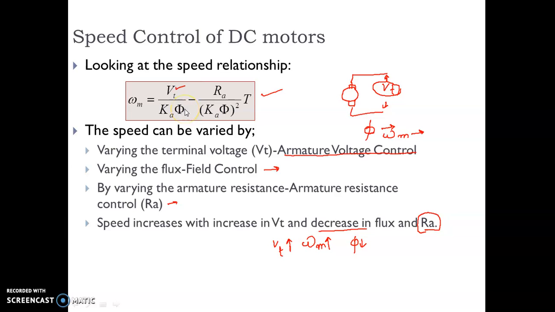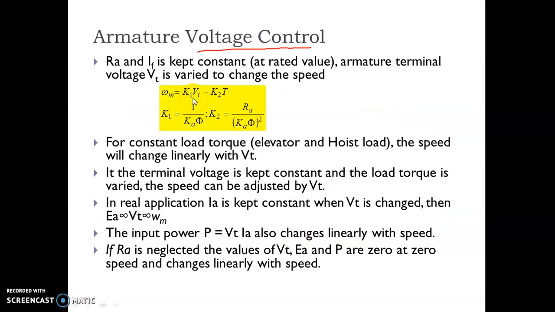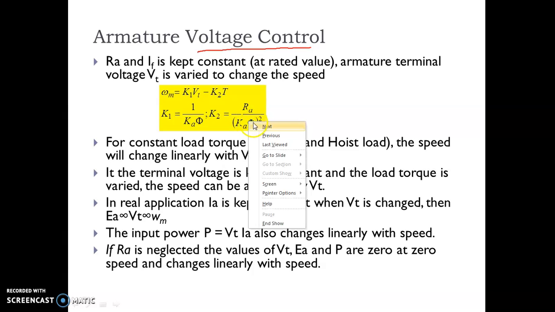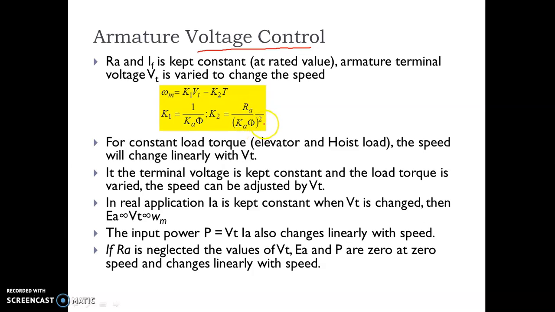So this relation is given here: K1 Vt minus K2 T, where K1 is 1 by Ka phi and K2 is Ra divided by (Ka phi) whole square. Here K1 and K2 are constant, because the flux is kept constant and the armature resistance is also not varied.